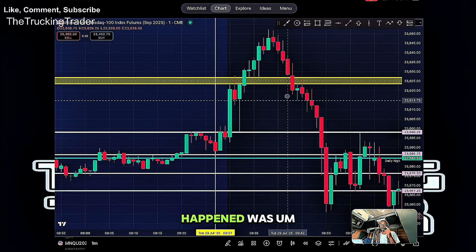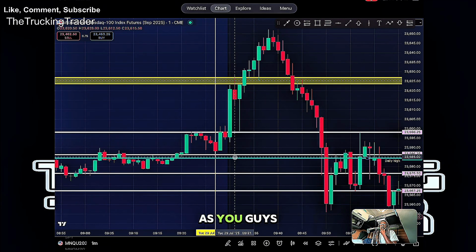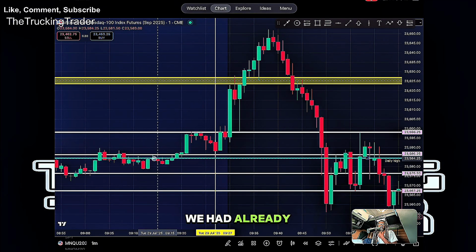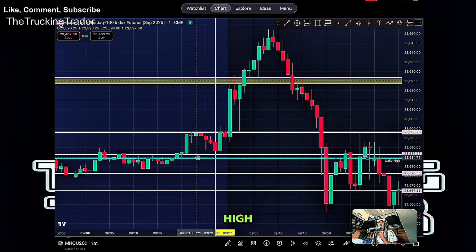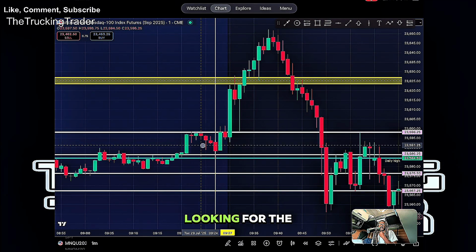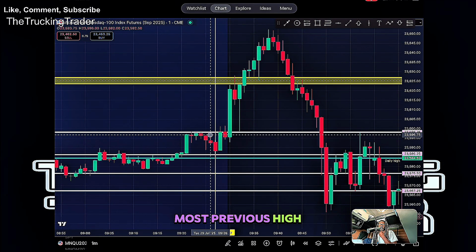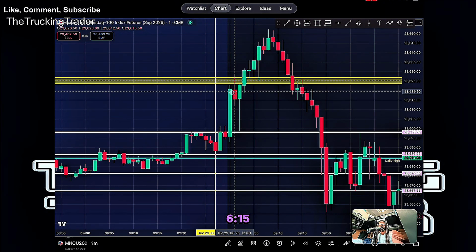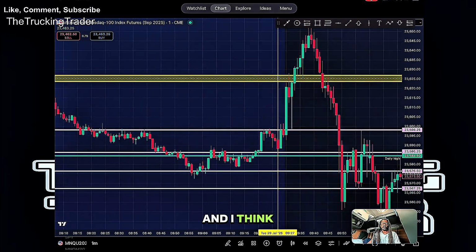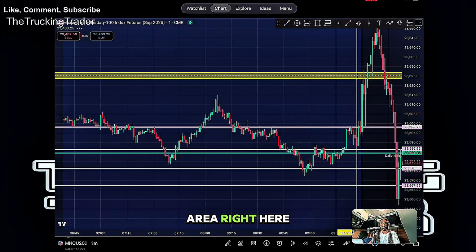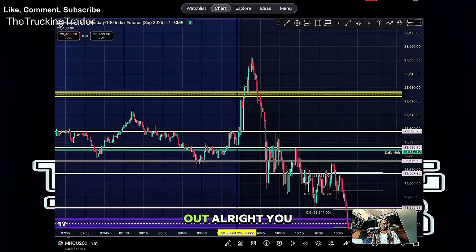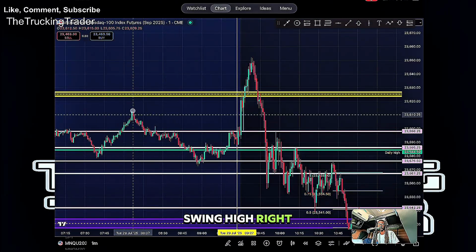So what had happened was, as you guys can see right here, we had already swept the daily high. So I was looking for the most previous high, which was around 615. And I think that was this area right here, right? If you zoom out, you see this little swing high right here.